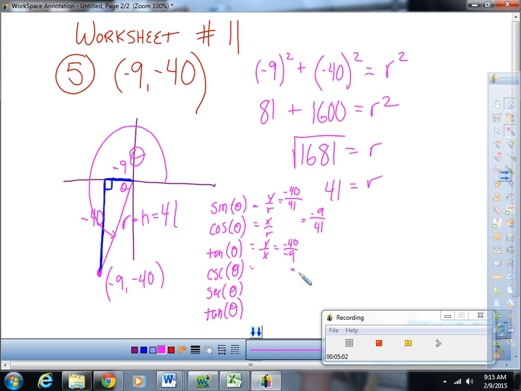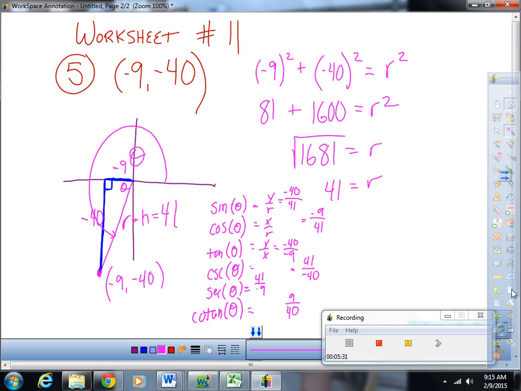So cosecant is the inverse of sine, so we call it 41 over negative 40. Secant is the reciprocal of cosine, so we do 41 over negative 9. And, sorry, this should be cotangent. Cotangent is the reciprocal of tangent, and that's going to be, notice I'm just going to write it as positive 9 over 40, because a negative divided by a negative is indeed a positive. Okay? So that's how you would do number 5.